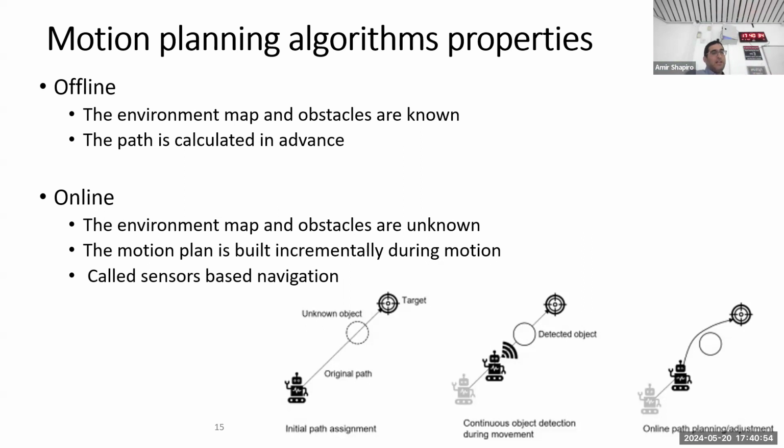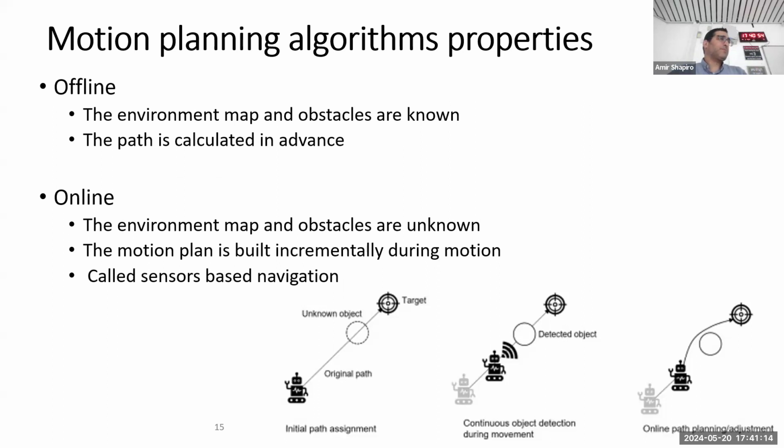And then there is the online motion planning. In online motion planning, we do not know the map of the environment and the obstacles. We don't know them in advance.